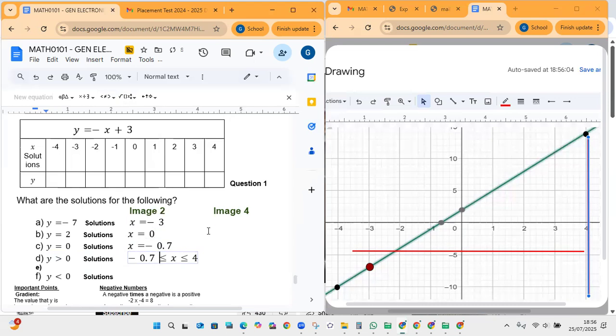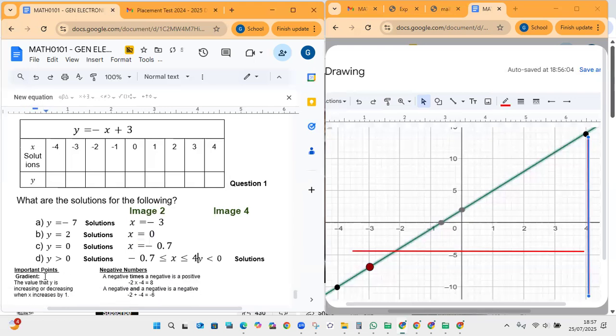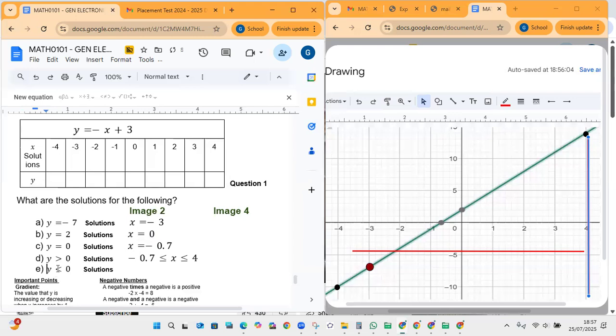So this is the solution for y greater than 0, y being positive. Okay? What about y being negative? Or rather, not greater than or equal to, just simply greater than, because the question did not have equal, and less than, strictly less than.